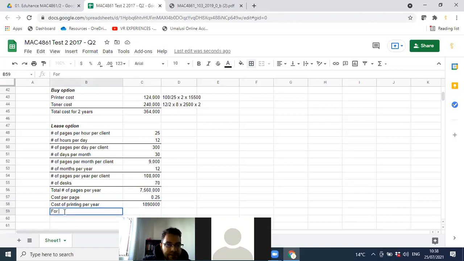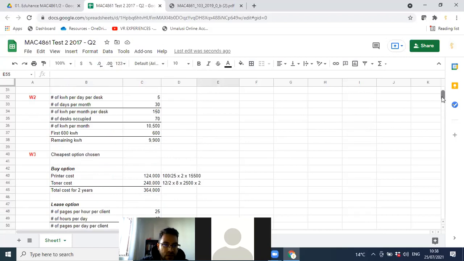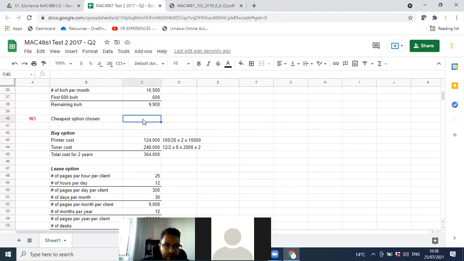For 2 years, it is going to be that times 2. So there you can already see this is way more compared to the buy. Okay, so 3780. So therefore the cheap option is 364, which is the buy.